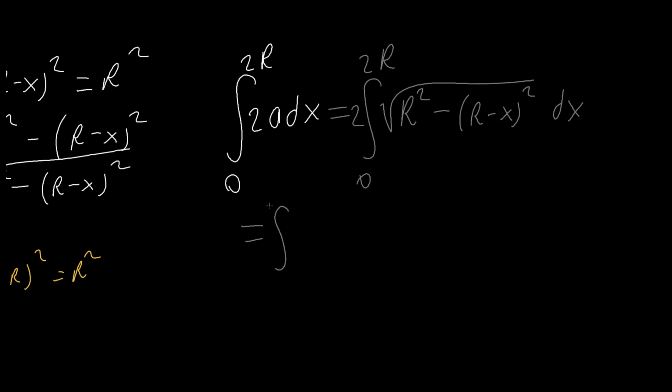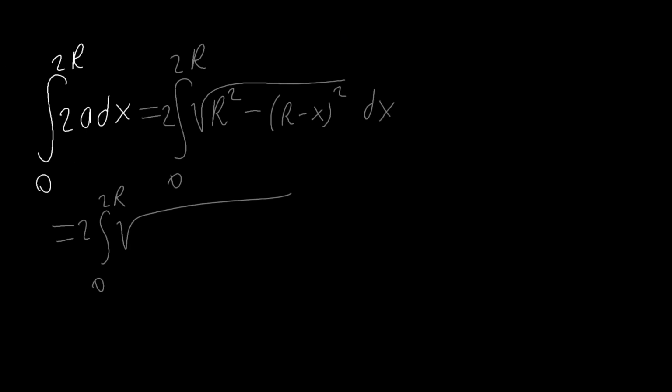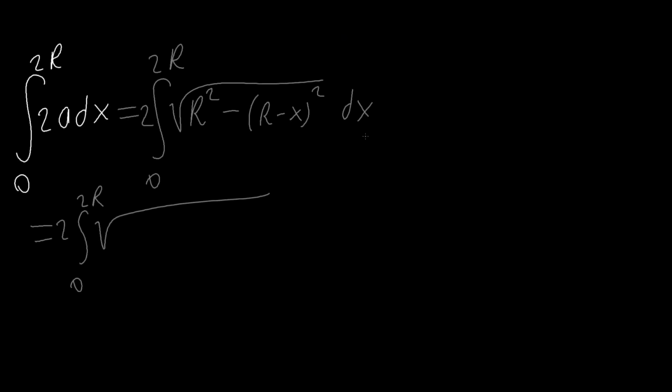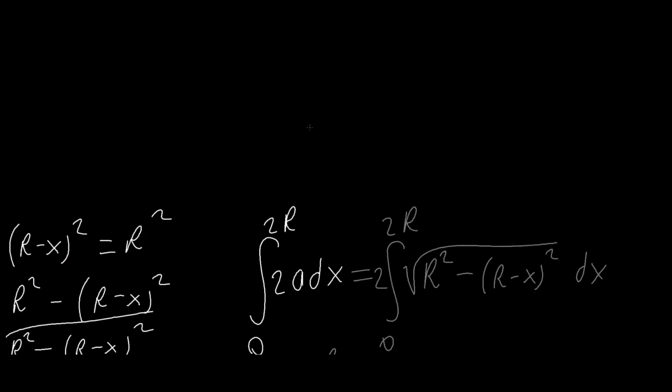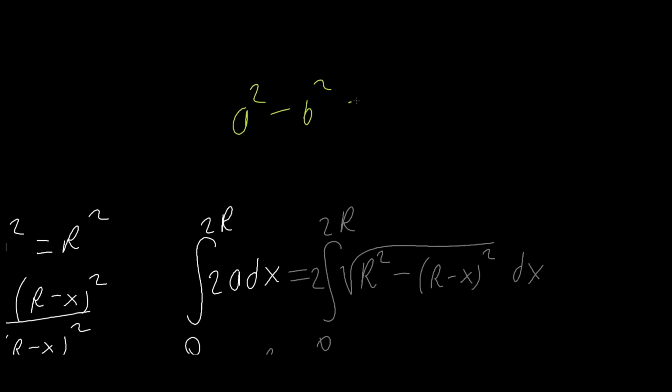let's first put 2, integral 0 to 2r square root of, and the formula that I'm going to use to simplify this is as follows: a squared minus b squared is equal to a minus b multiplied by a plus b.